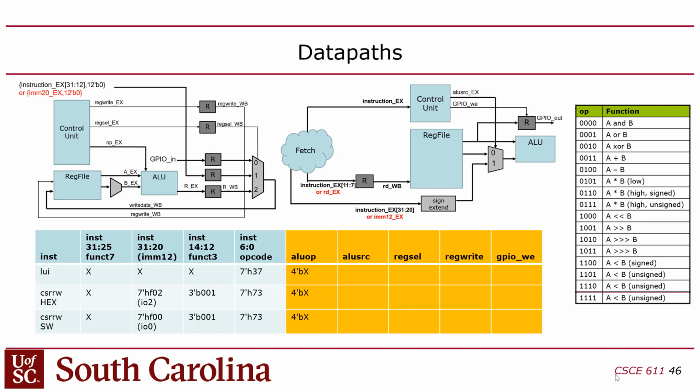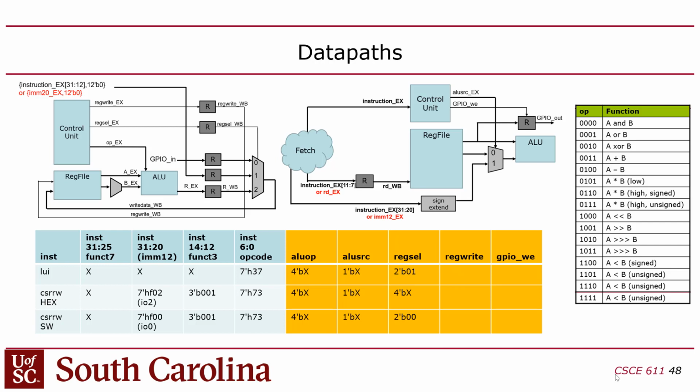Or you might just want to set it to 0000. CSRRW, same thing. I don't care what the ALU op is for that either. Those are I/O instructions. They don't use the ALU. ALU source, also don't care. Not using the ALU, don't care what the ALU source is. The ALU can take whatever happens to go in its second input.